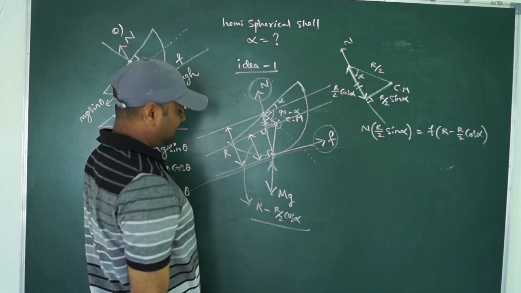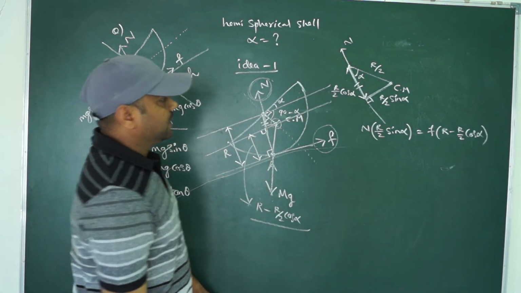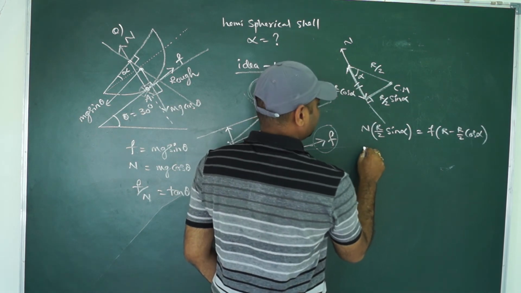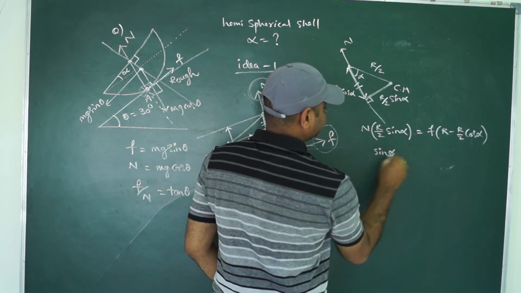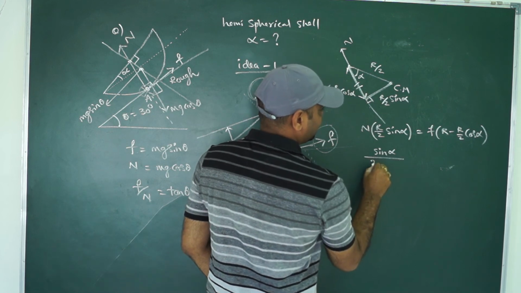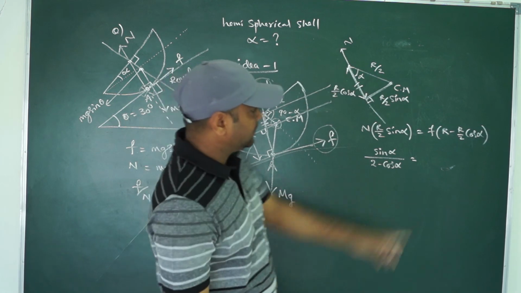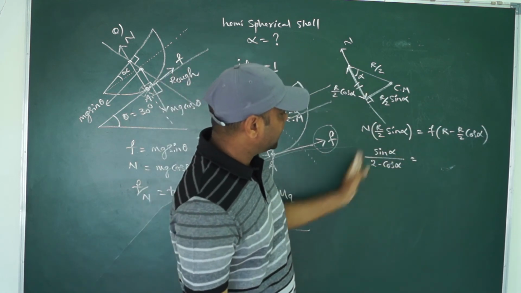Then r will cancel out. Then I can write this as f by n, sin alpha by 2 minus cos alpha.